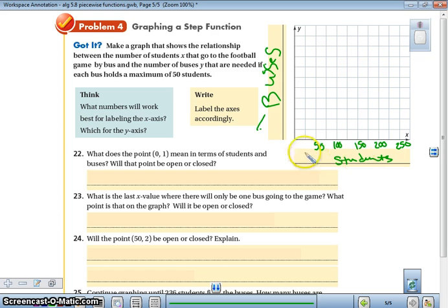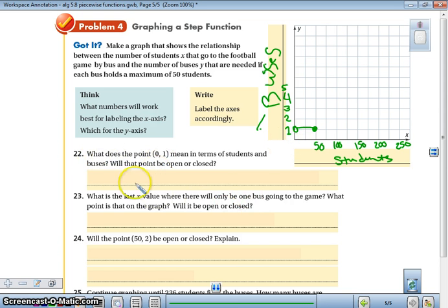Well, remember, each bus holds 50 students. So going up the number of buses, this might be where I have 1, 2, 3, 4, 5. For the first bus, I have to have greater than 0, I can't have 0, up to 50. At 50, I'm still taking one bus.